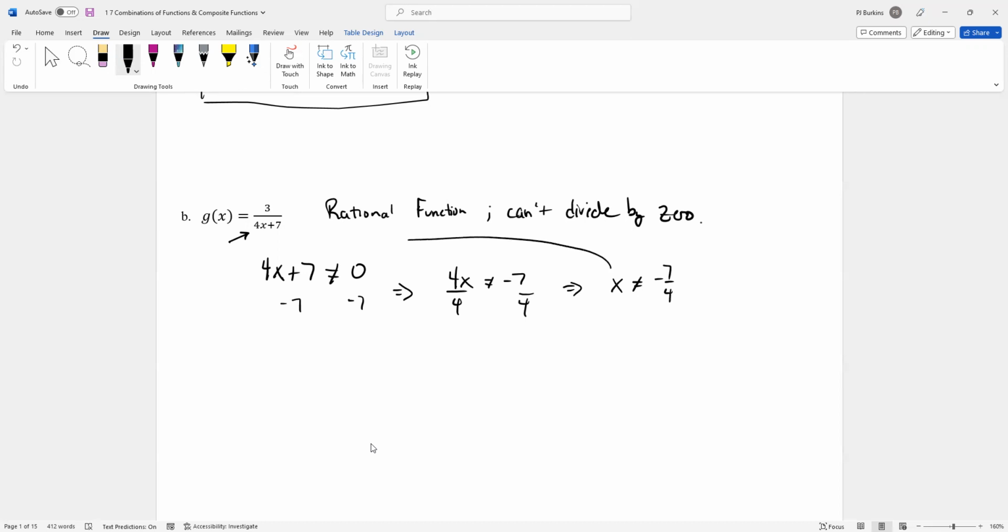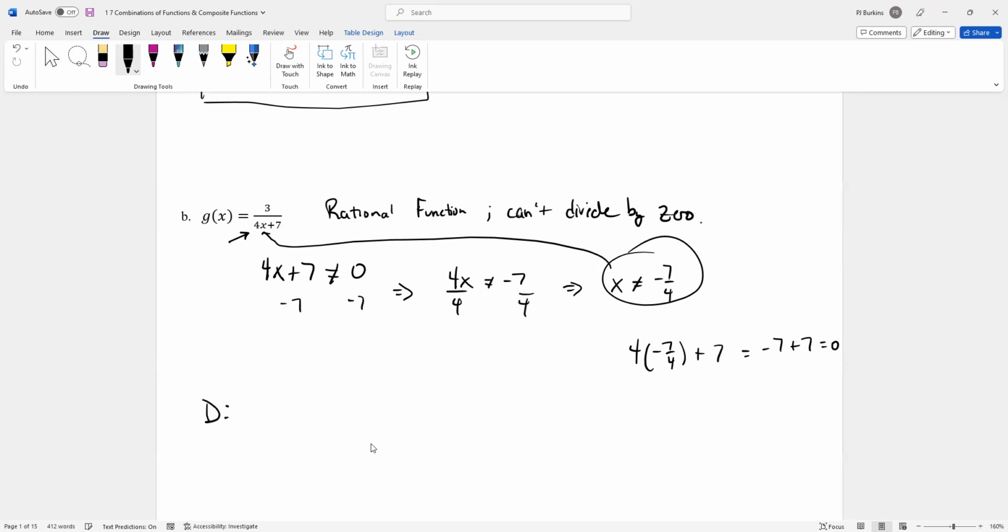And in fact, you can plug that back in, right? 4 times minus 7/4 plus 7. That's minus 7 plus 7, or 0. That's our problem, right? We're not allowed to divide by 0. So x can be all real numbers, except it can't be minus 7/4. So how do we write that for our domain?